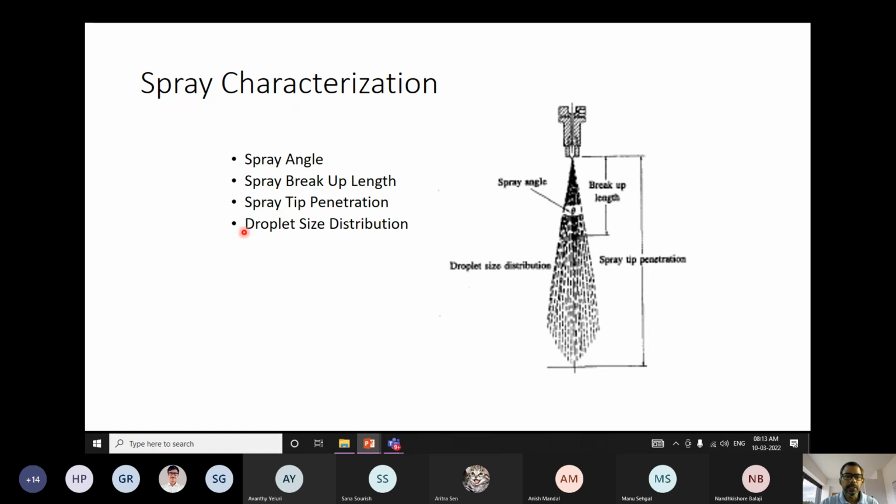These are very important spray parameters that need to be defined for a given fuel injection system, fuel, and injection pressure. But for a given engine where the fuel and hardware are fixed, all these parameters depend mainly on the fuel injection pressure.